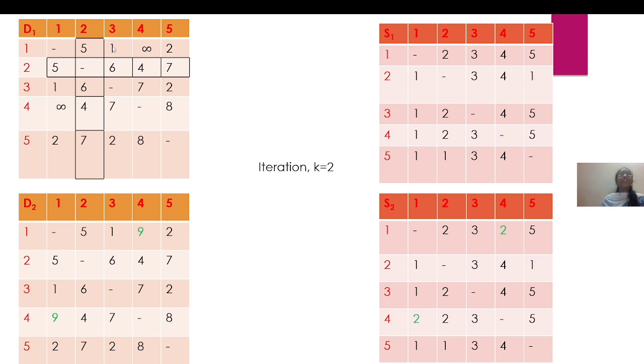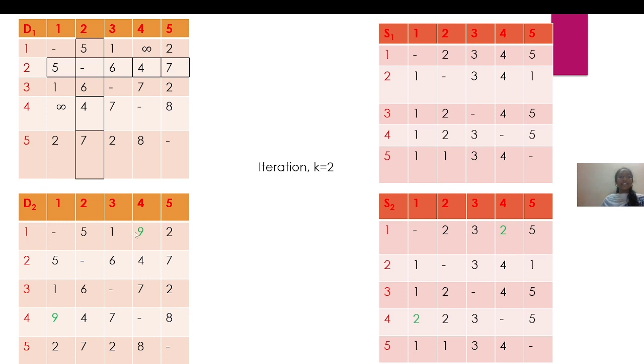That is, check this number 1. The corresponding pivot column and pivot row elements are checked against the condition, and the entries are filled. That is 5 plus 6 is 11, which is greater than 1. So 1 is written. Then we have infinity, that is 5 plus 4, we get 9. So 9 is less than infinity.